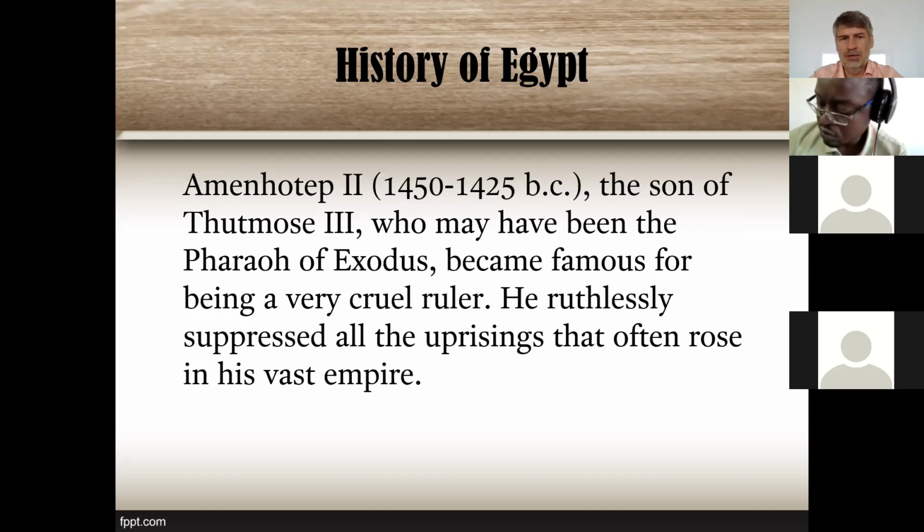So maybe he was the pharaoh of the Exodus, but I want to stress once again that the pharaoh of the Exodus is not known. There is no name of the pharaoh in the book of Exodus, and we cannot be sure who exactly was the pharaoh of the Exodus.